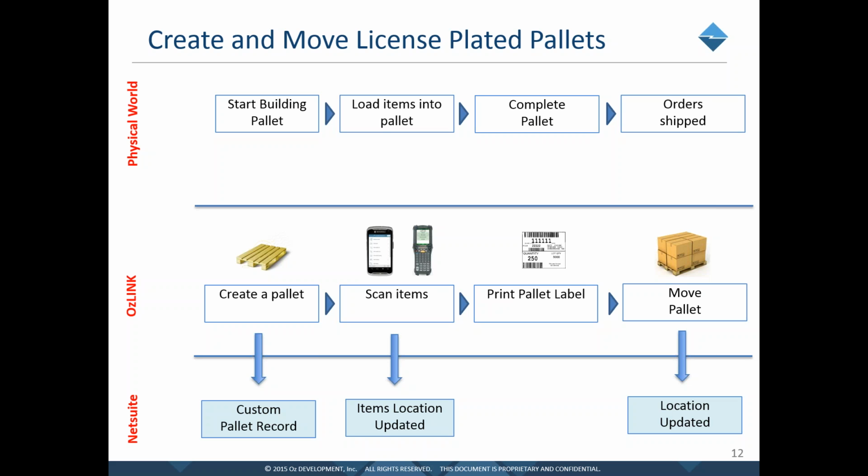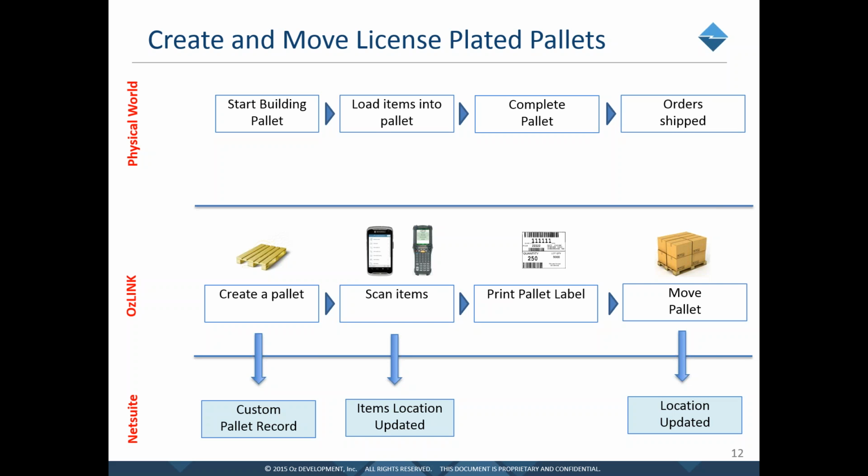And as John had mentioned earlier, inside of NetSuite, there's not really a concept of a pallet or a license plate type container. But you can leverage technology to essentially create a license plate and then add items onto that container.